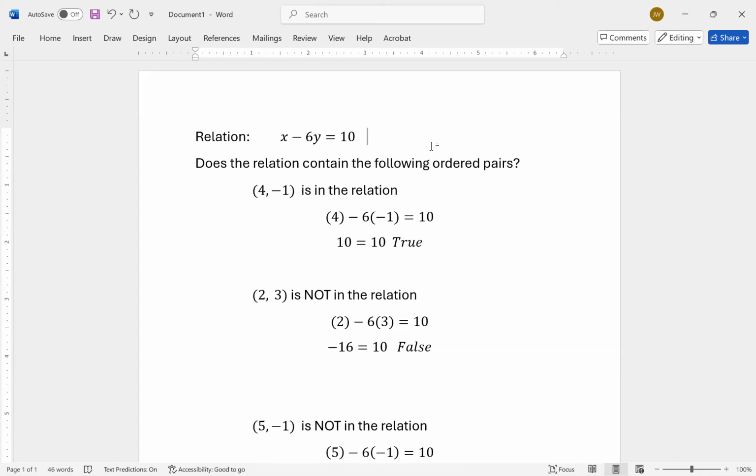So we now have a way of testing whether an ordered pair is in the relation: by plugging it in and seeing if the equation gives me a true statement or a false statement. If it gives me a true statement, I know it's in the relation. This correspondence gives me that relation.